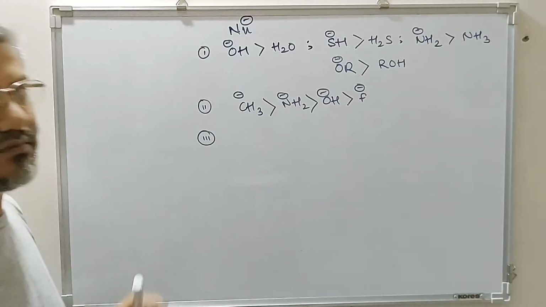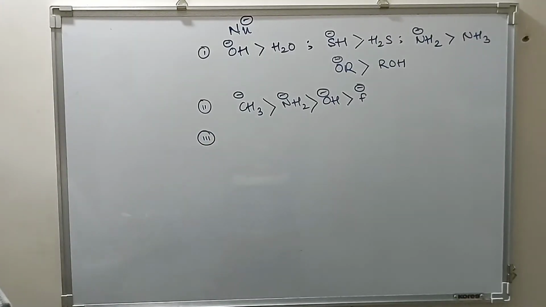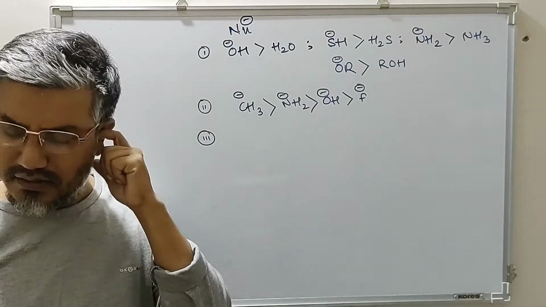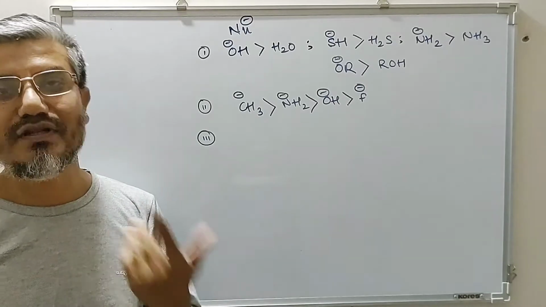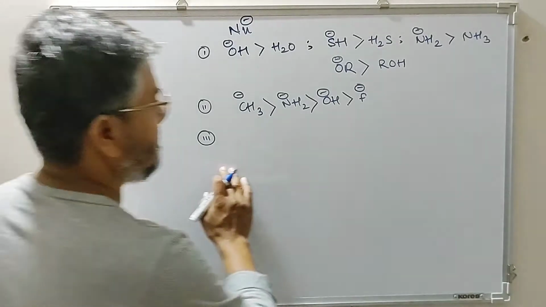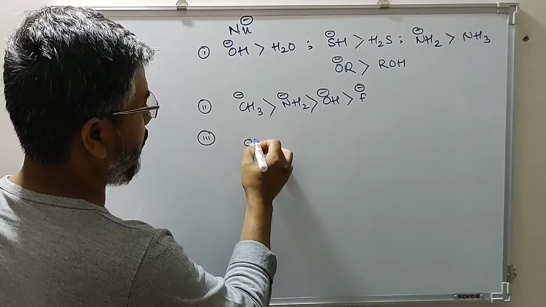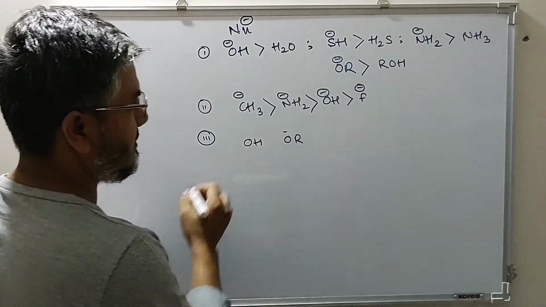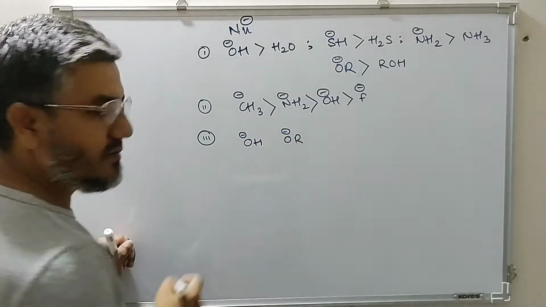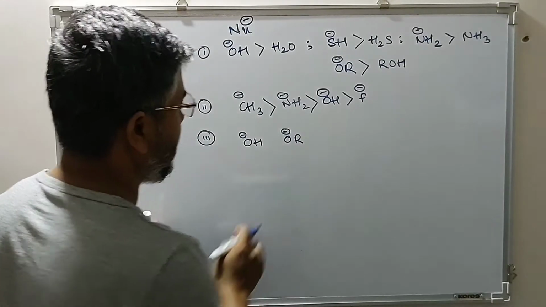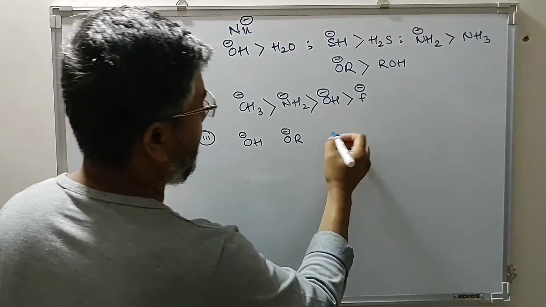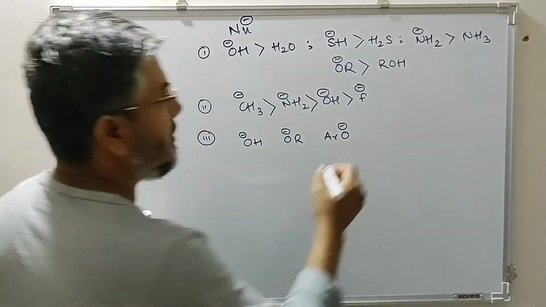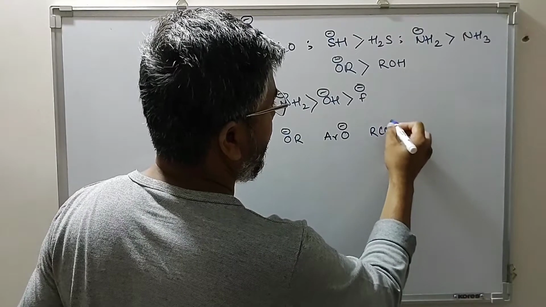Third point. If the nucleophilic atoms or nucleophilic sites are the same, then the nucleophilic character depends on electron density. Look at this: we have OH minus, then OR minus alkoxide ion, ArO minus phenoxide ion, and RCOO minus.